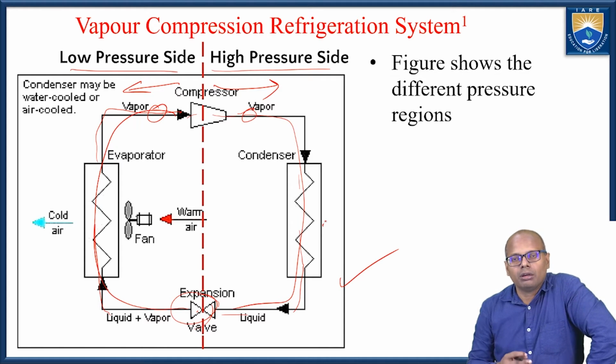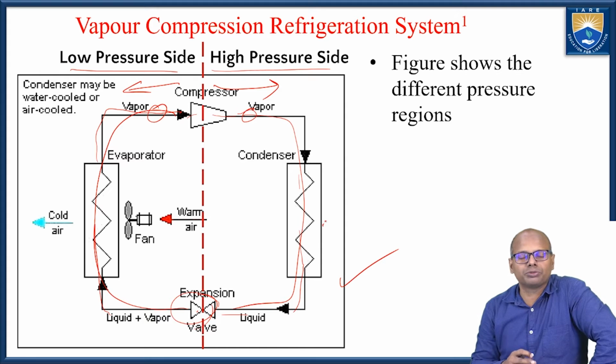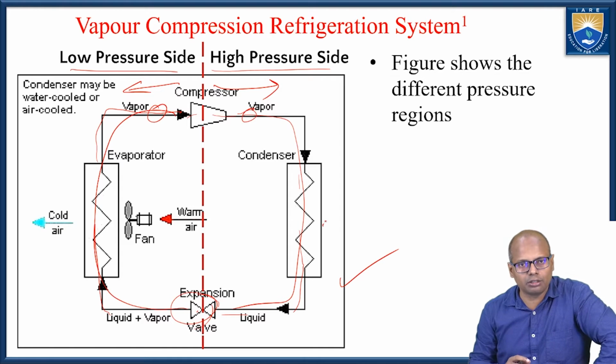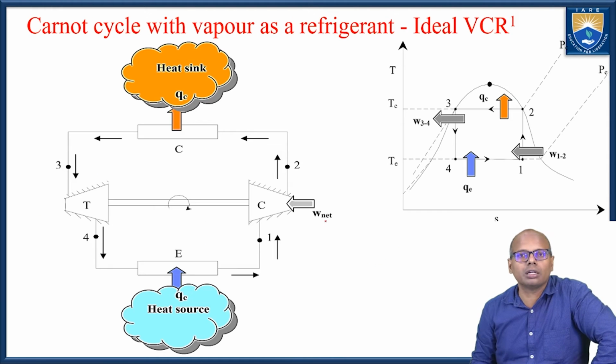Now, what we'll do now is we'll try to analyze this. What is the performance of this, and how to evaluate the coefficient of performance of this cycle. Now again we'll use the ideal cycle, which is called the Carnot cycle.